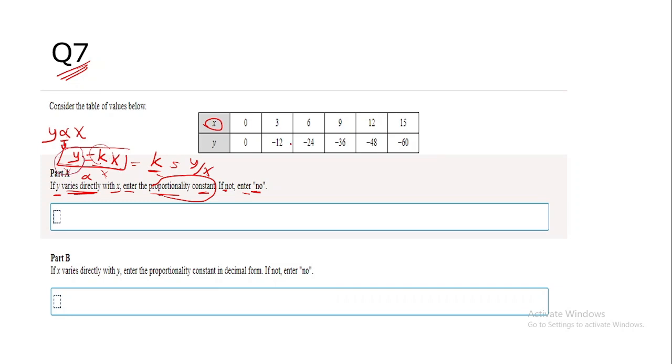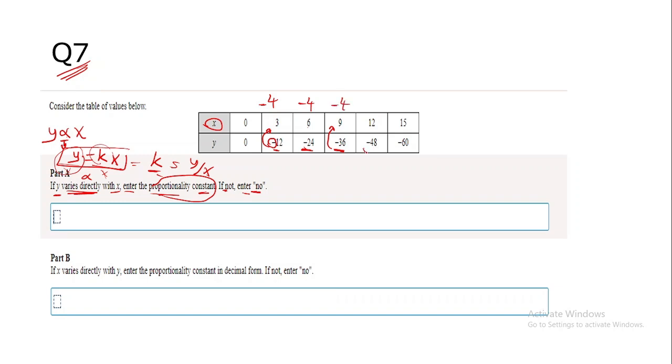So let's see. Negative 12 divided by 3 will be negative 4. Don't forget the sign. Negative 24 divided by 6, it will be negative 4. Negative 36 divided by 9, it will be negative 4 also.